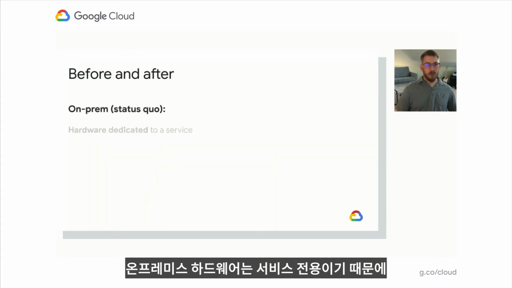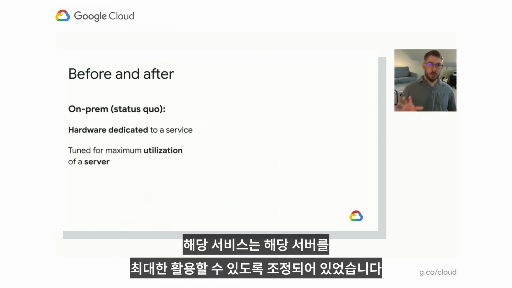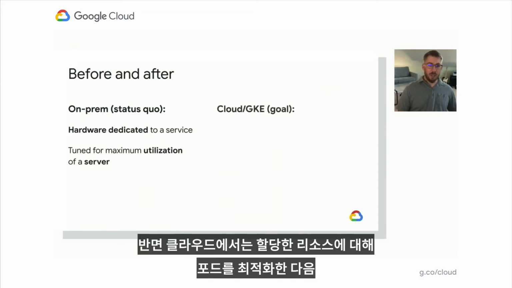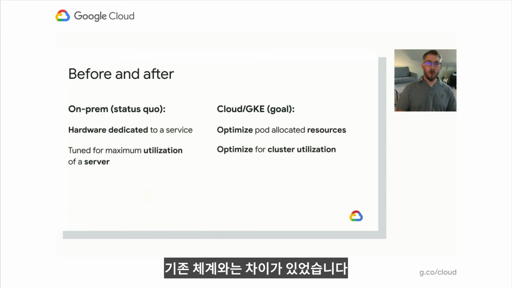A few other differences worth noting. On-prem hardware is dedicated to a service. And as a result, that service was tuned for maximum utilization of that server. Whereas in the cloud, you're optimizing your pod for the resources that you've allocated to it. And then you're optimizing your cluster for overall utilization.